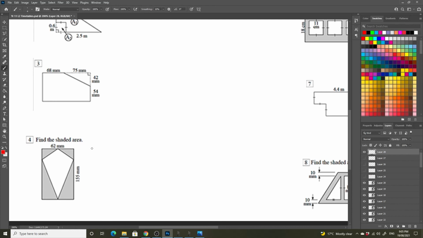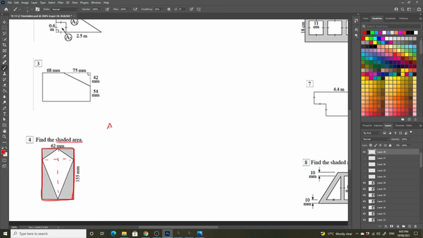Alright, now let's look at this last one for this first half of the questions. We've been given this shaded area to find. Well, we also notice that this is encased within a rectangle. And because it's encased within a rectangle, we can determine the area of the entire rectangle, and then take away this shape here. We know this shape is a kite, and a kite has a special formula.